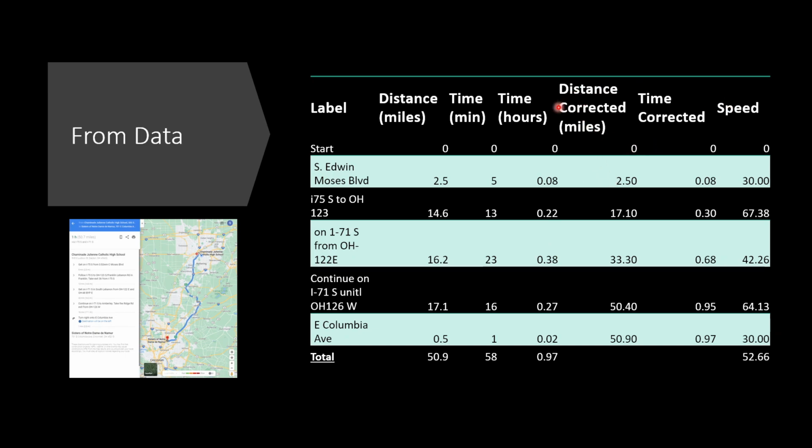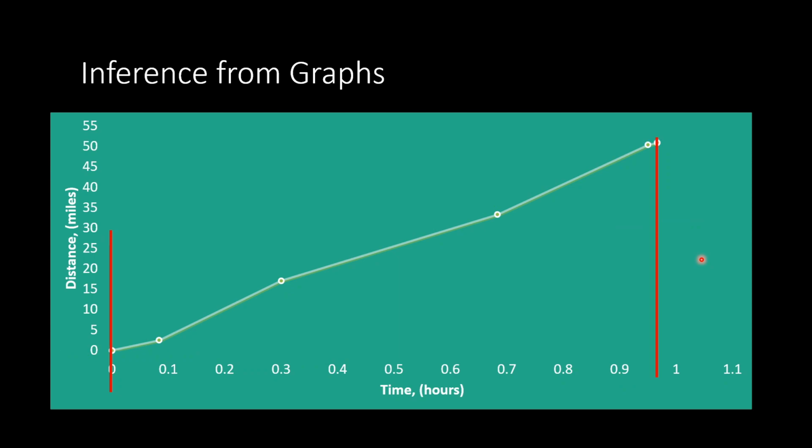And then I've also corrected the distance, simply by adding the distances together. So I've added 2.5 miles and then added 14.6 to 2.5 miles, and I've added that until you get to your 50.9 mile journey as it was stated around here. And the time corrected is done the same way, which you can then use to create the plot that I showed you before, which is this one.